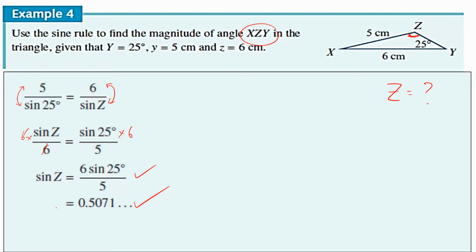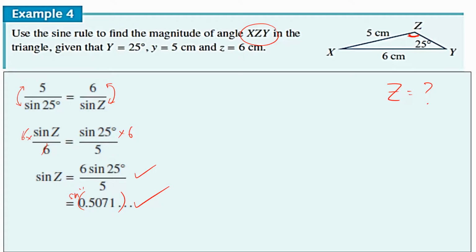So you have to sine inverse both sides in your calculator. So sine inverse of whatever this is. If you do that, what's your angle? Check your calculator, I want to know. Because then I want you to think about it. What's the sine inverse of 0.5071?